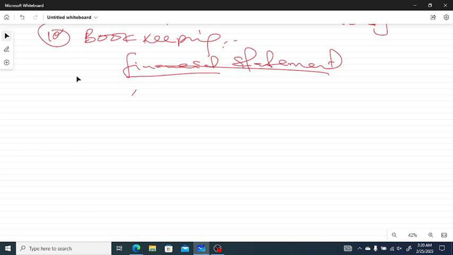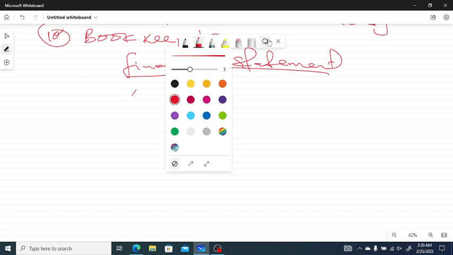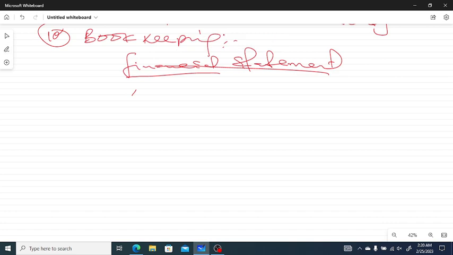After recording, we have to classify and summarize. At the end of the day, we are going to have a financial statement, and who will now use this financial statement? That is why we have users of financial information. They are the ones to use this financial statement.